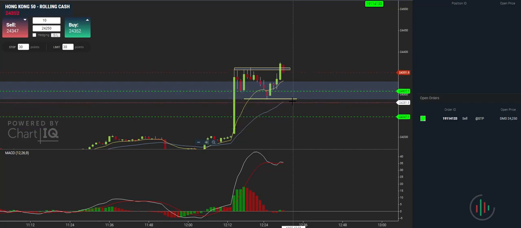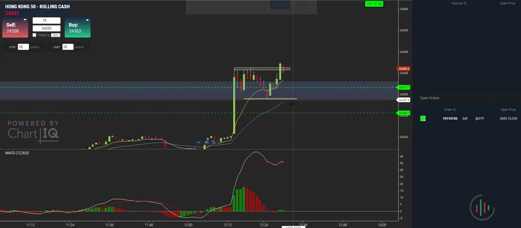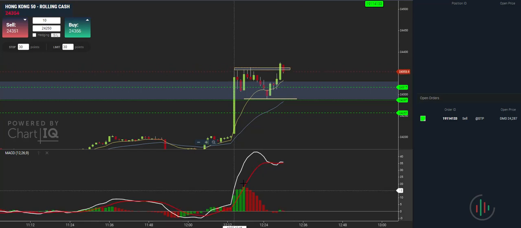We'll just move that one just below here. See if we get a flush down. So I wanted to see if it can take out this low and then give us, we've got it set at 30 points. So the market's just open now. If this takes too long, I won't bother with it.